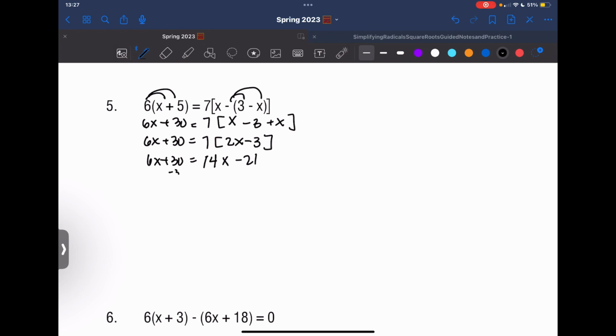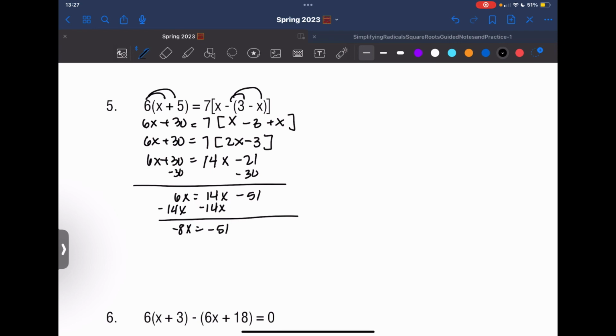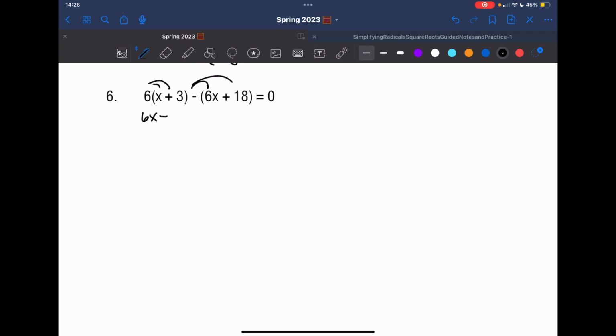You're going to subtract 30 from both sides. 6x equals 14x minus 51. Subtract 14x from both sides. Negative 8x equals negative 51. Divide by negative 8, x equals 51 over 8. That is your solution.